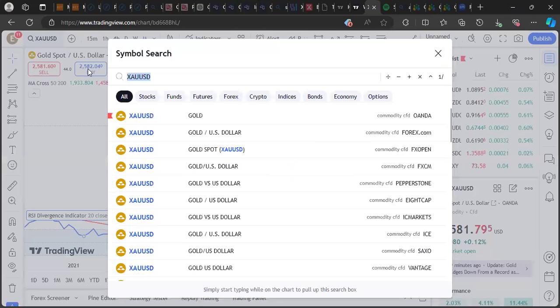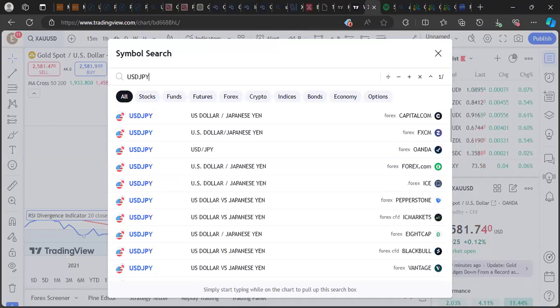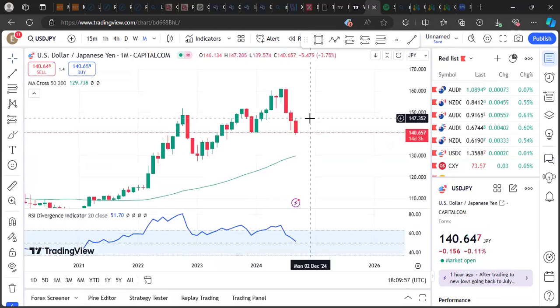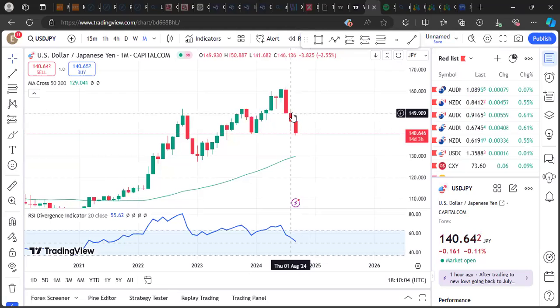Now, let's check USD/JPY to see the bearish movement. This is the close of the previous candle, and this is the open. Now, the market is trading below that close.